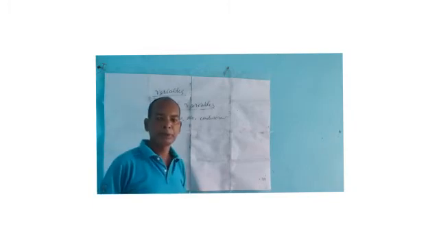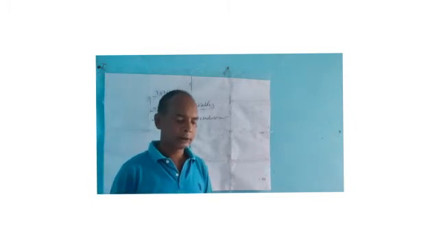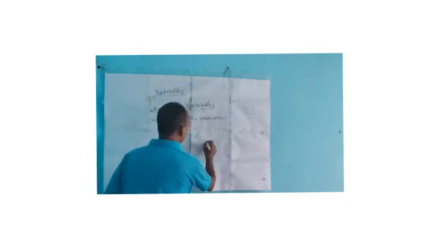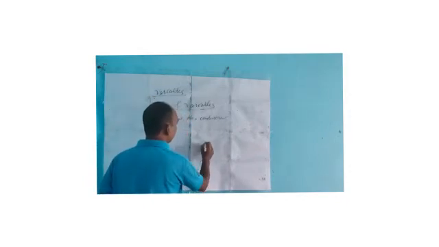Number two, the first character in the variable name must be an alphabet or underscore. So when you use any variable name, the first character must be an alphabet or underscore. Otherwise, you cannot use a number as the first character.